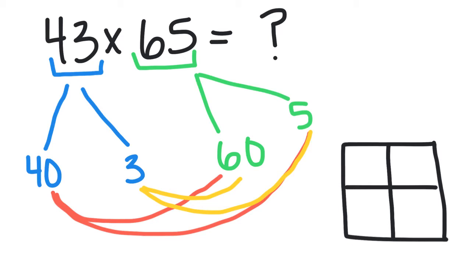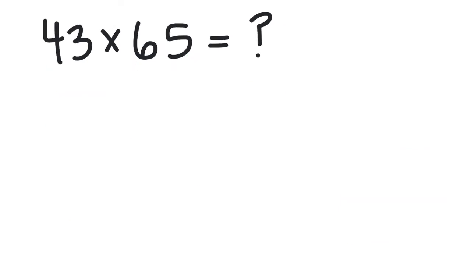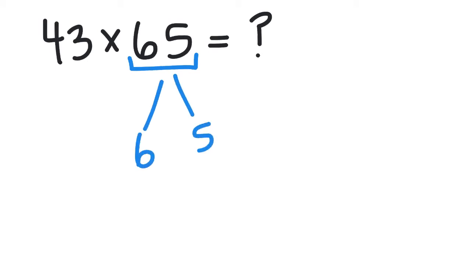But remember, when we are multiplying a two-digit number like this, we need to make sure to multiply all parts of the number together. Some people make a mistake. Let me show you what that mistake is. Some people want to take a shortcut here, and they want to take the 43 and multiply the 43 times 6 and then times 5.